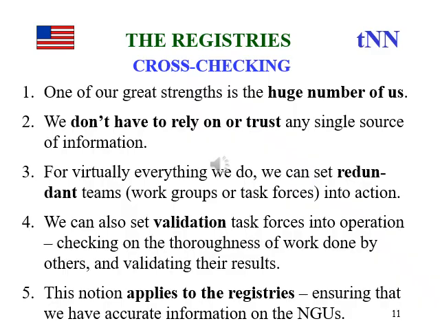We can also set validation task forces into operation, checking on the thoroughness of work done by others and validating their results. And 5. This notion also applies to the registries, ensuring that we have accurate information on the NGUs.